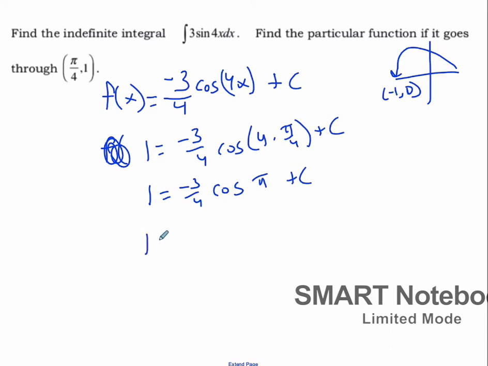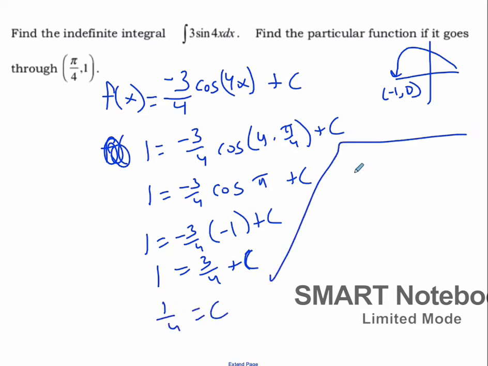So we have 1 equals negative 3/4 times negative 1, plus c. 1 equals 3/4 plus c. So we subtract 3/4 from both sides, and we have 1/4 equals c. So the particular function is negative 3/4 cosine 4x plus 1/4.